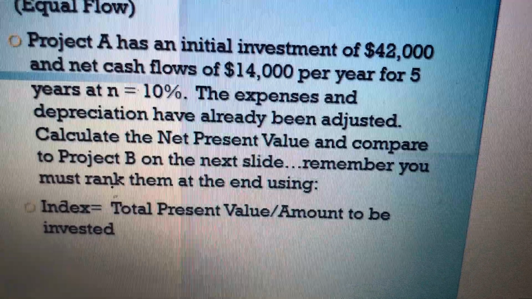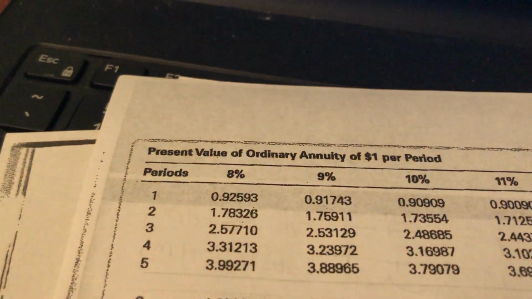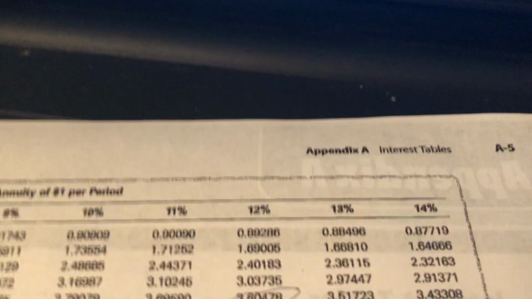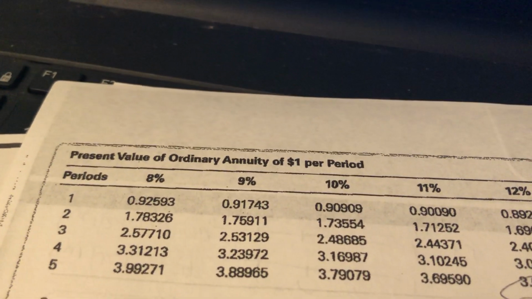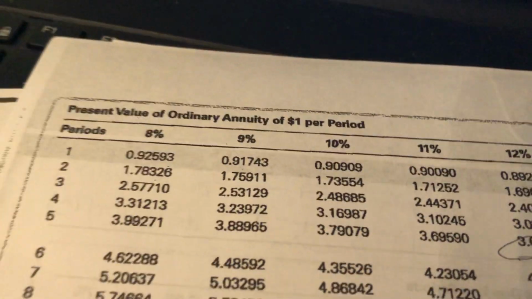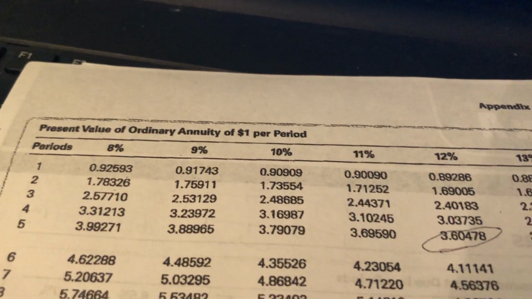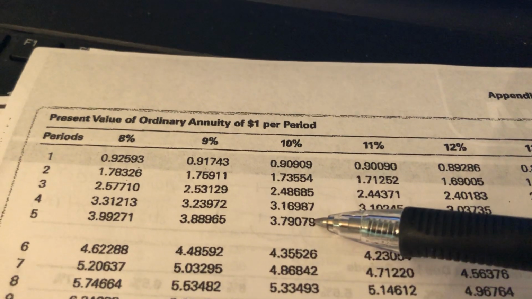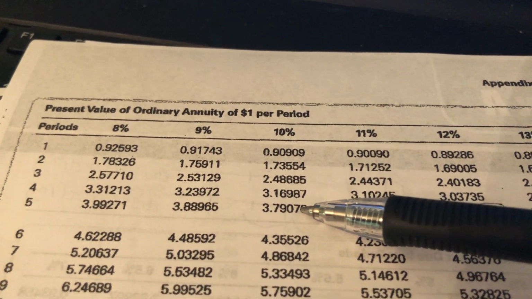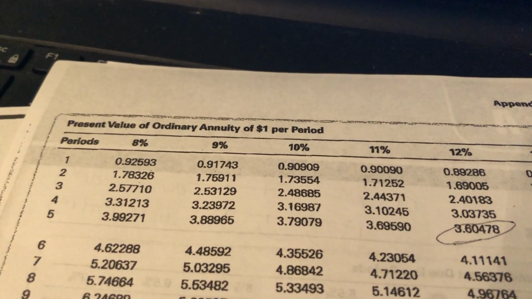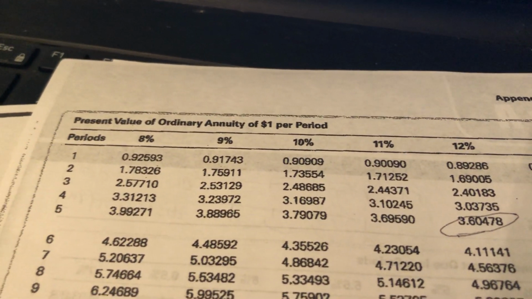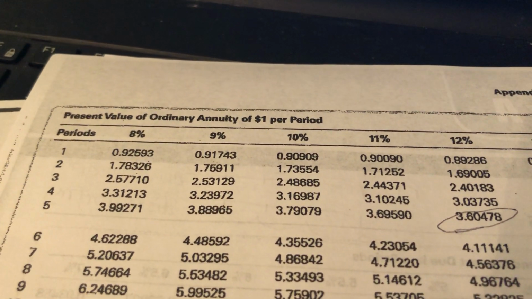Present value of an annuity then is this page, and that's page A5. And I would go under 10%, multiply that 14,000 times your 3.79 here, okay? And whatever you get from that, you're going to subtract the 42,000 from it, okay?